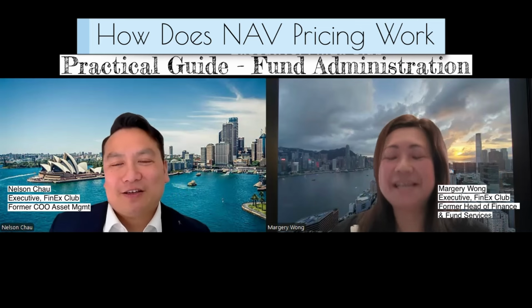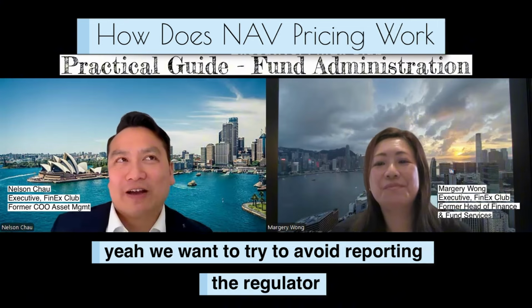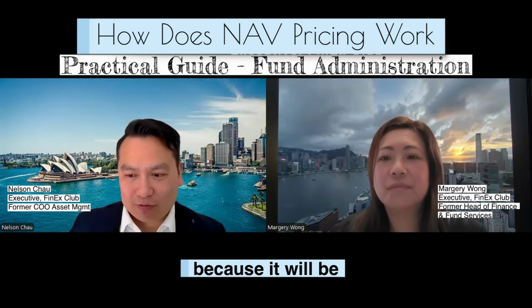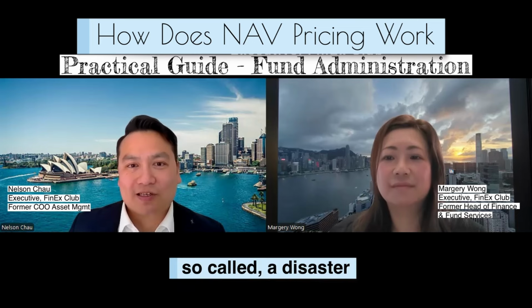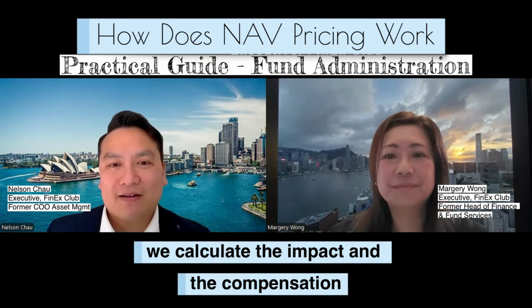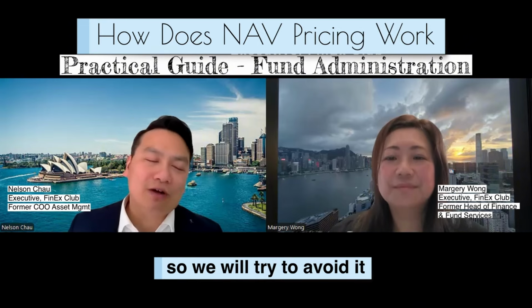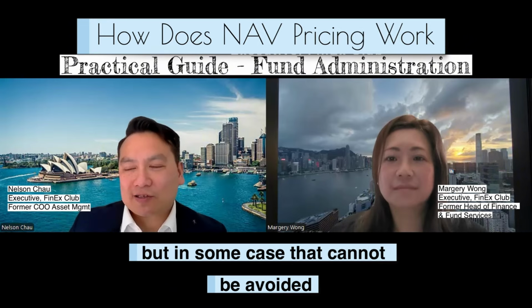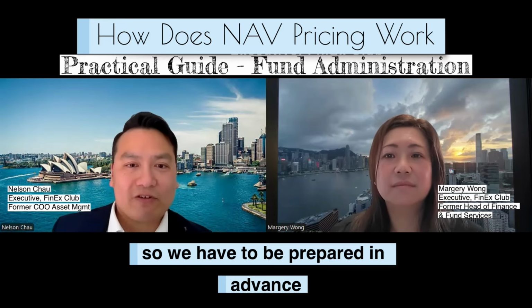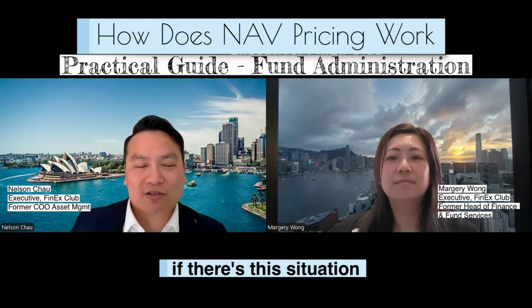Yes, we want to try to avoid escalating to the regulator or avoid any compensation to the investor, because it will be a disaster and a nightmare to recalculate the impact and the compensation. So we will try to avoid it, but in some cases it cannot be avoided. So we have to be prepared in advance if there's this situation.